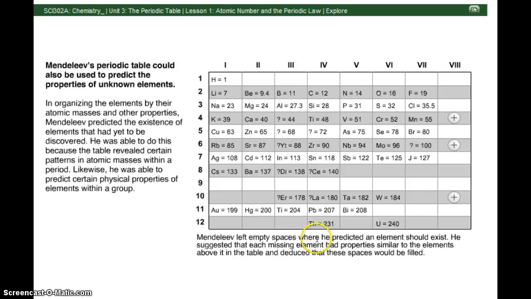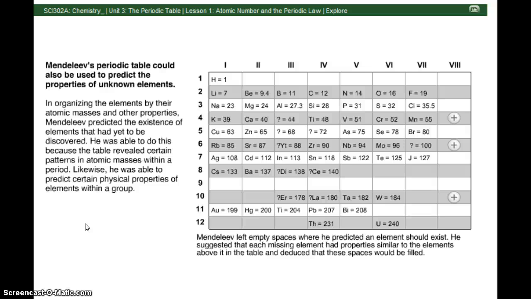Mendeleev's periodic table could also be used to predict the properties of unknown elements. This is what makes it really amazing. In organizing the elements by their atomic masses and other properties, Mendeleev predicted the existence of elements that had yet to be discovered. He was able to do this because the table revealed certain patterns in atomic masses within a period.